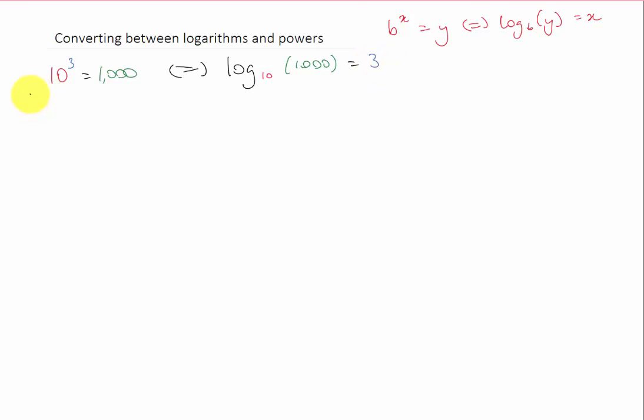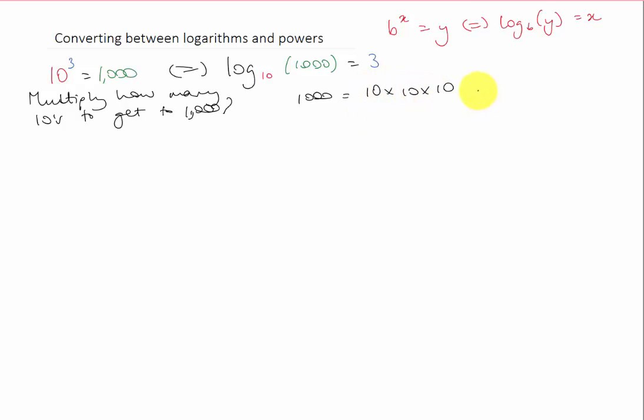So really what we're asking is how many tens to get to 1000. And the answer is that 1000 is equal to 10 times 10 times 10, so that's 3 tens, so it's 10 to the power 3. So that's where this comes in.